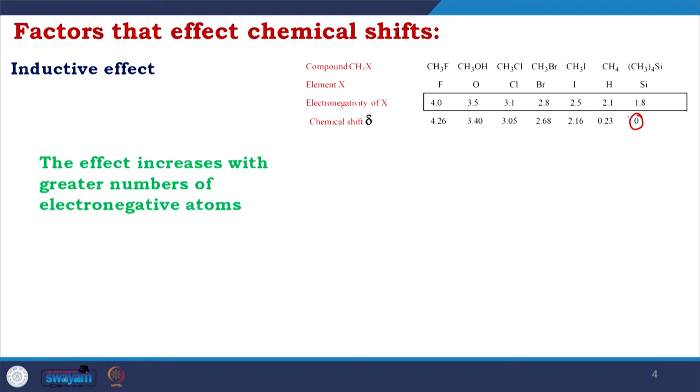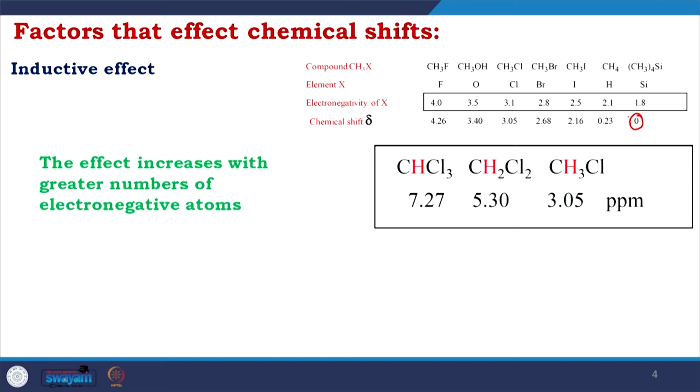The effect increases with greater numbers of electronegative atoms and with their electronegativity. So, with a greater number of electronegative atoms, if you have three chlorines, CHCl3, the chemical shift delta is 7.27. By replacing one chlorine with one hydrogen it becomes 5.3, and by replacing another chlorine with another hydrogen it becomes 3.05.